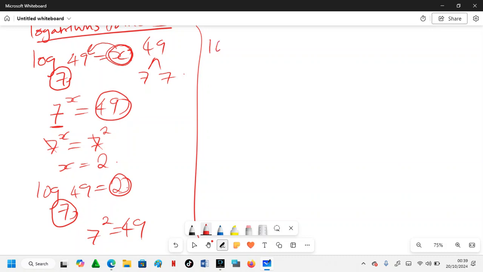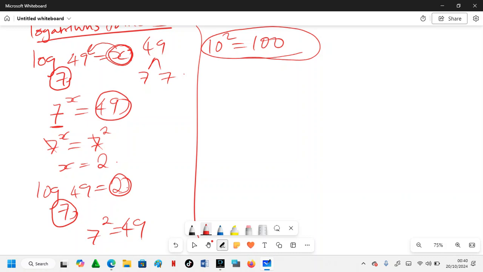Now, let us remind ourselves using another one. Let's say they say 10 to power 2. Of course, 10 to power 2 is 100. So this one is in index form. And remember, we want it in logarithm so that we make it index.